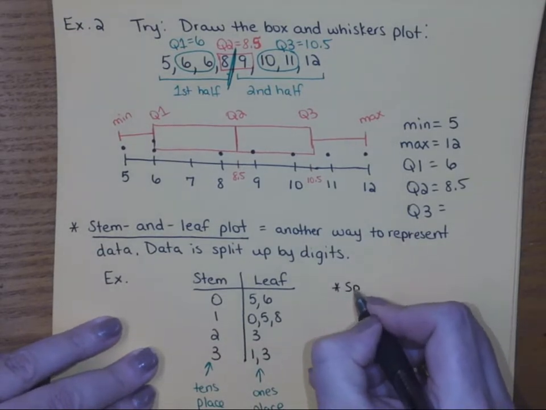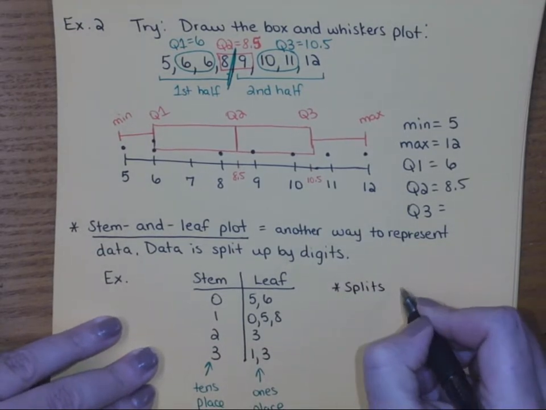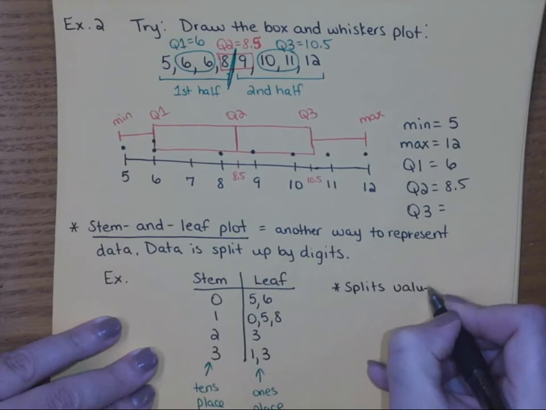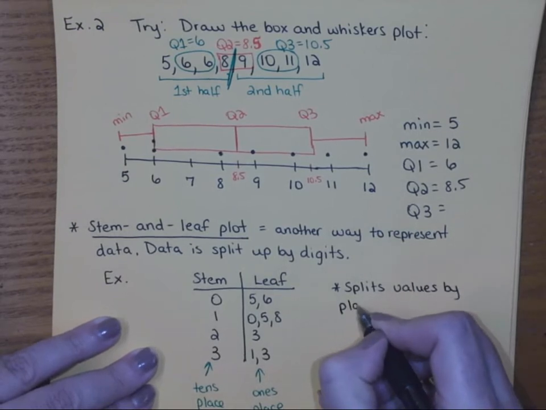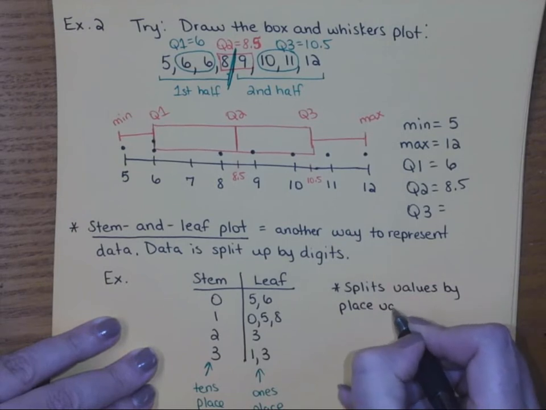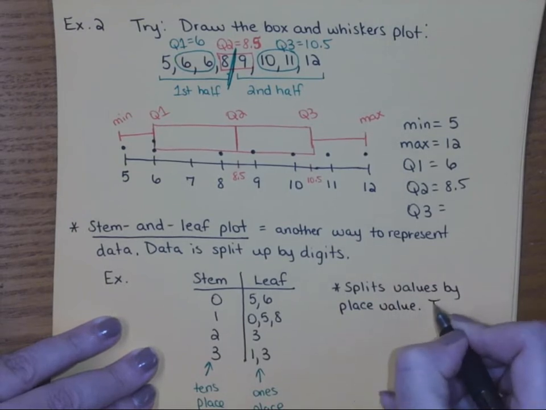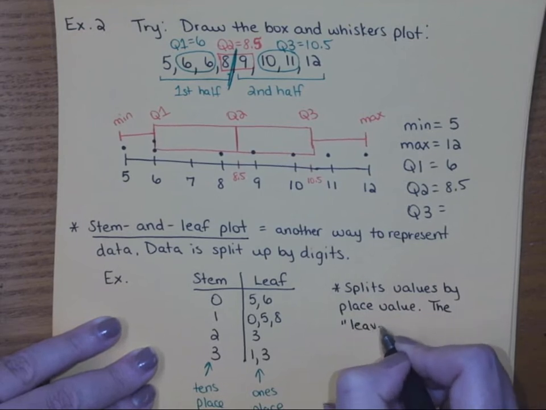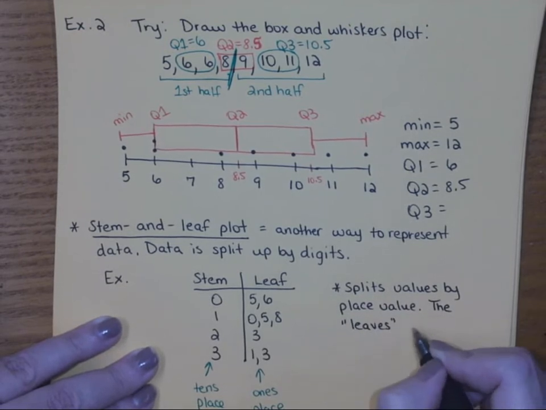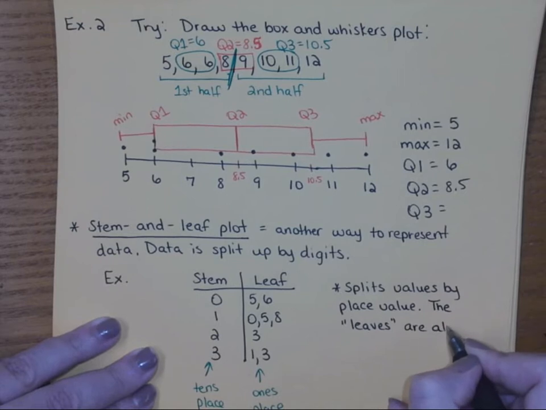Before I talk about what values this is representing, it basically splits values by place value, but the leaf column should always be single digit. The leaves are always single digit.